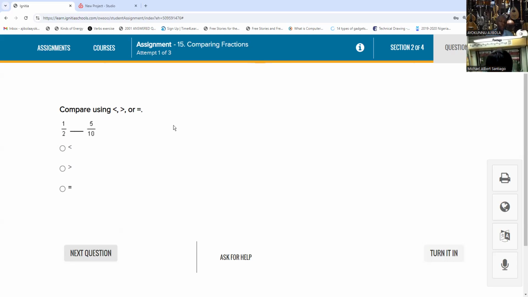Then compare this one. Maybe it's option 1. Wait, this is 5 over 10, which is the same as 1 over 2. So which option should I go for?